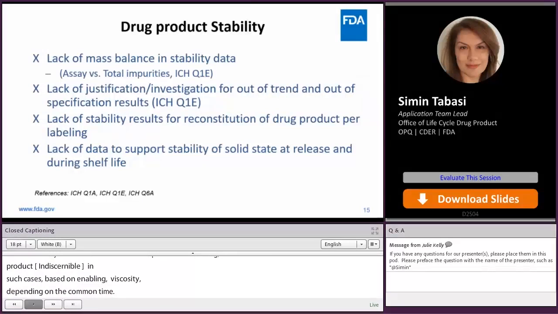And finally, lack of data to support the stability of solid state at release and during shelf life is another one. The stability of solid state is requested when the drug substance is low soluble, BCS class 2 and or 4. The solid state of drug substance thermodynamically is not the most stable.